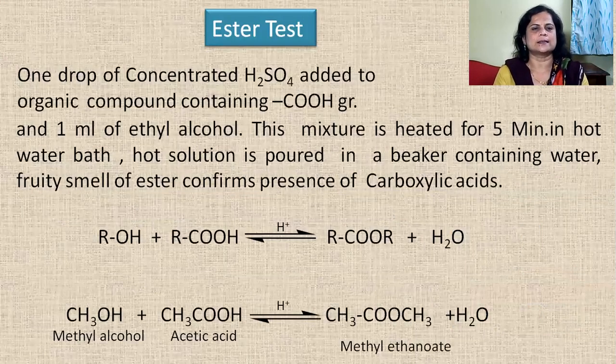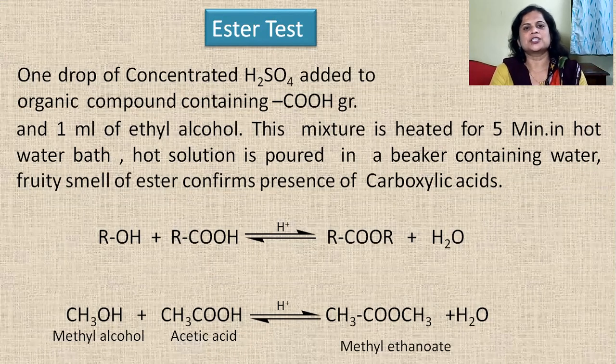The next test is the ester test. Now see, esters are formed by the reaction between alcohol and acids. One drop of concentrated H2SO4 is added to the organic compound containing the carboxylic group, along with ethyl alcohol.